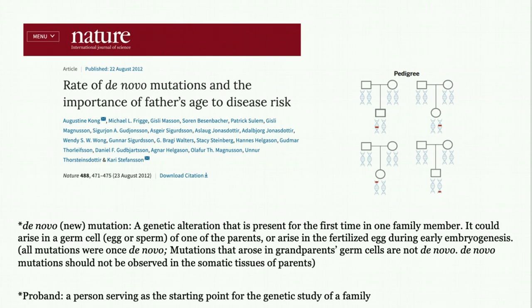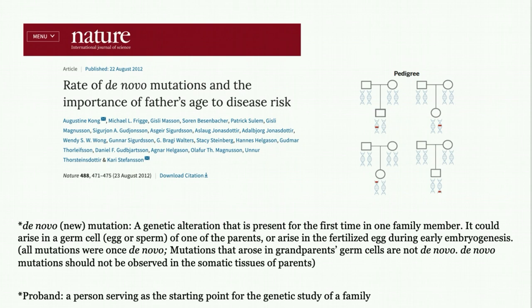So in 2012, considering that in this study they sequenced a few thousand individuals with whole genome sequencing, it's actually kind of early for this kind of study. And after that, there are many more follow-up studies.